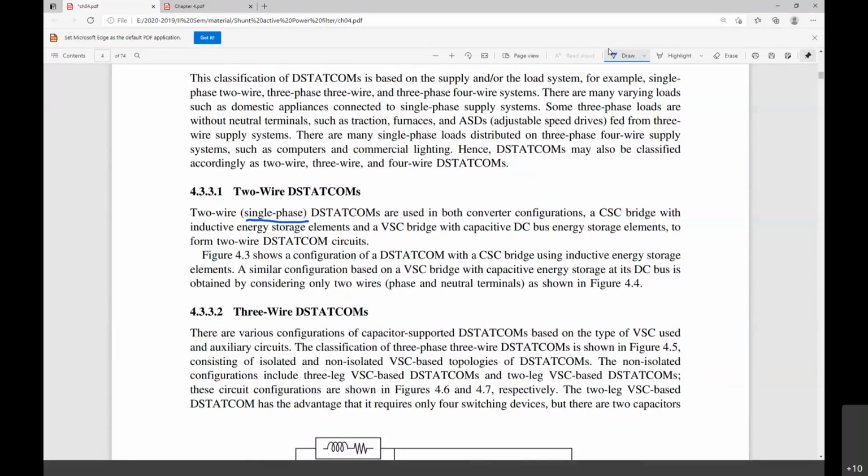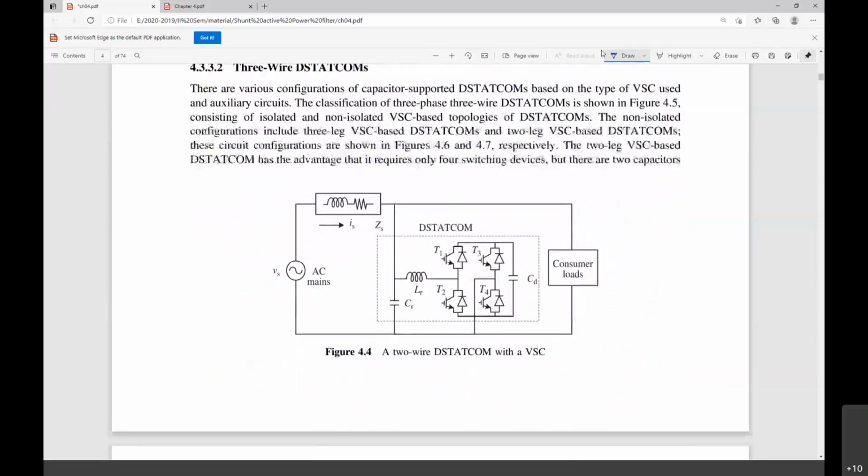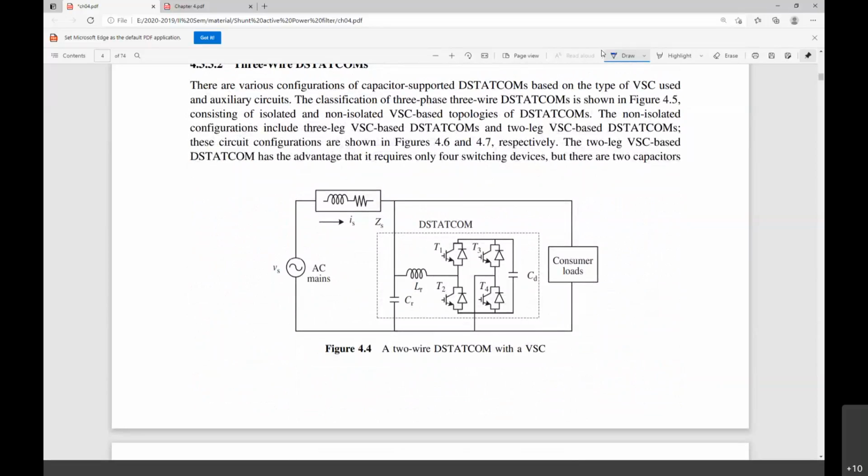They have given the CSI bridge with inductive energy storage and the VSI bridge with capacitive DC bus energy storage elements. These are the 2-wire DSTATCOM with a VSI.